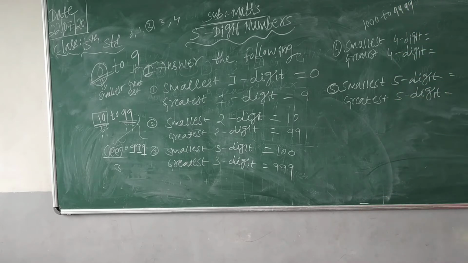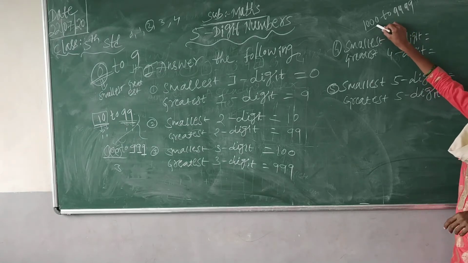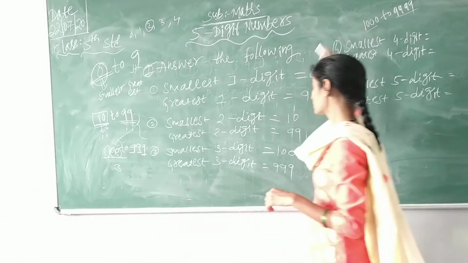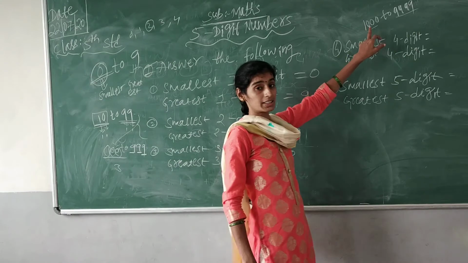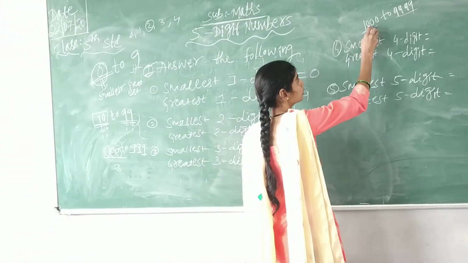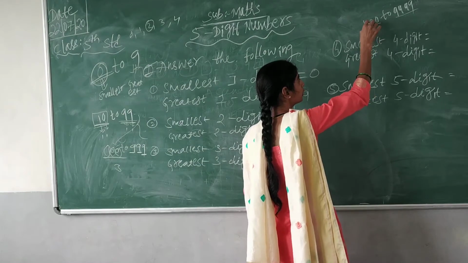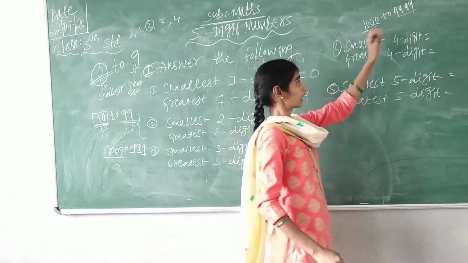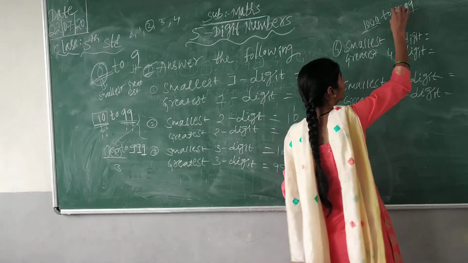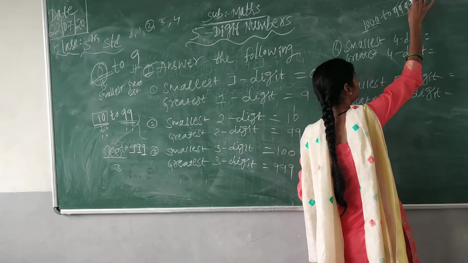For 4 digit numbers, 1000 to 9999. So what are the 4 digit numbers, children? They start from thousands to 9999. In this 1000 you have 4 digits: 1, 0, 0, 0, that is 1, 2, 3, 4. Yes, no? Again in 9999 you have 4 digits, 1, 2, 3, 4.